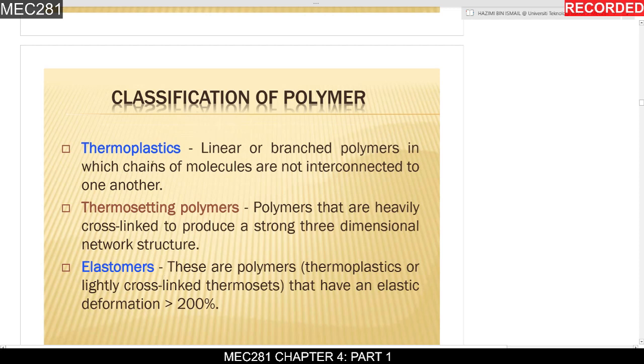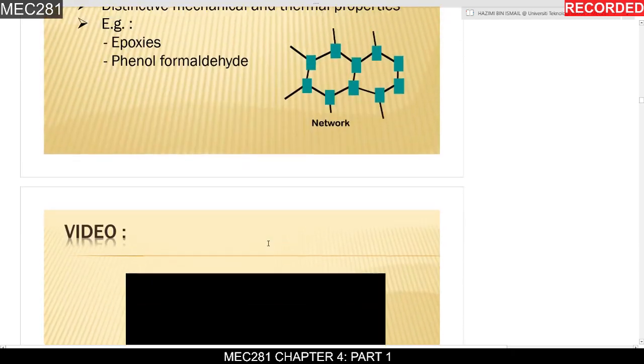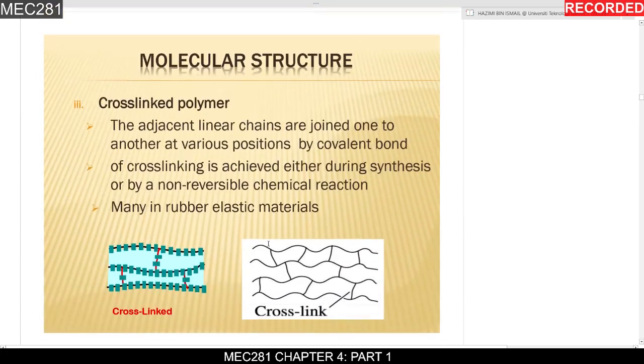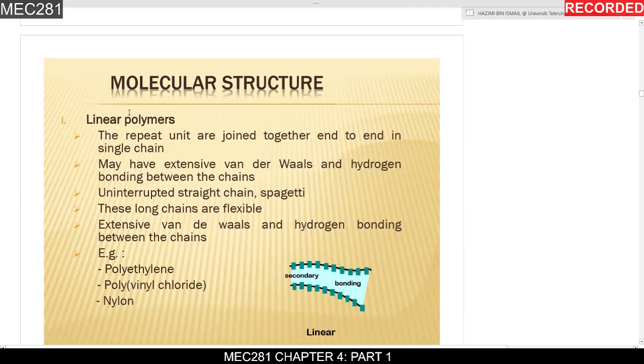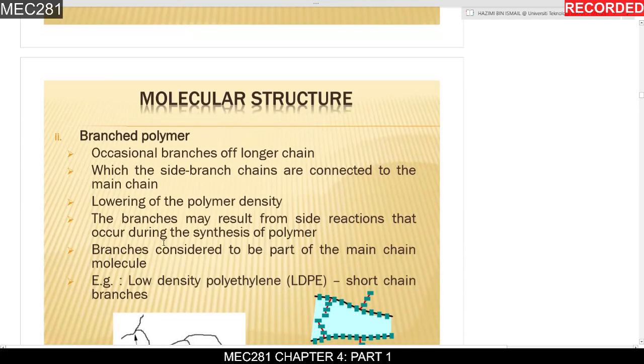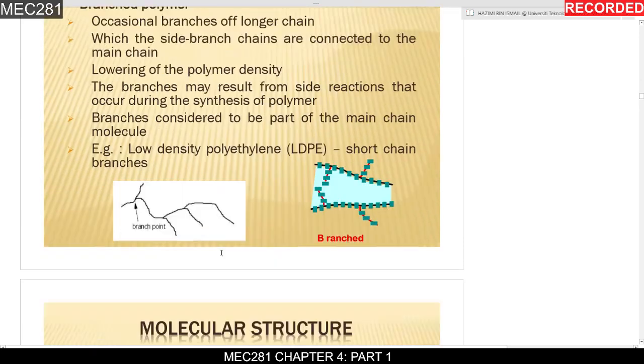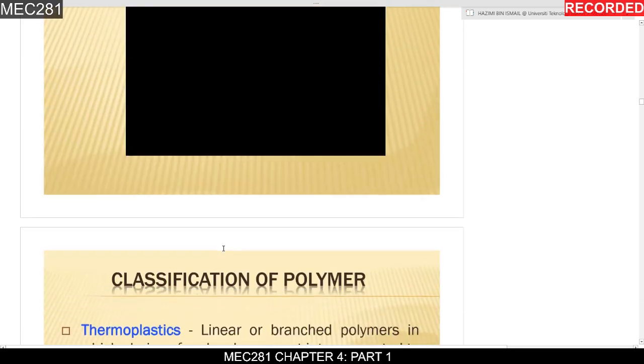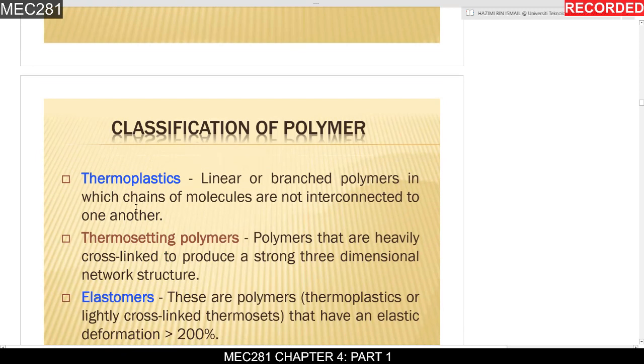So this is the definition of thermoplastic: linear or branch polymer. Thermoplastic must be linear, yes, linear polymers and branch polymers, in which chains of molecules are not interconnected to one another.